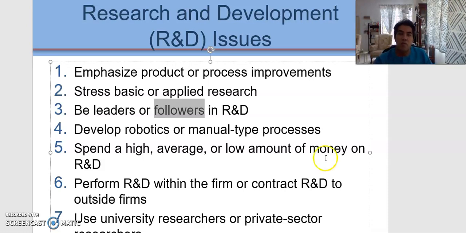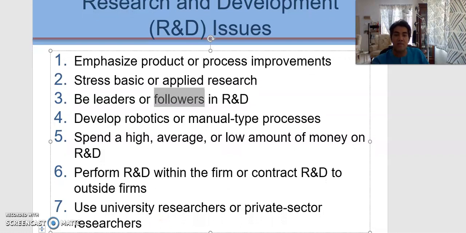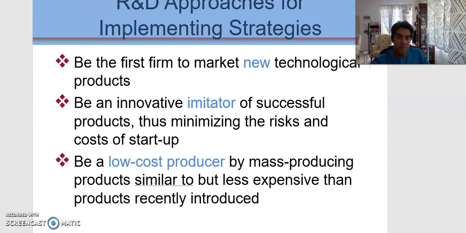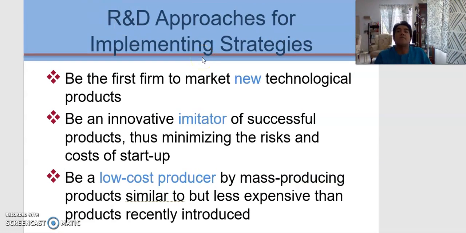And then develop robotics and manual type processes, spend a high, average or low amount of money on R&D, and even use university researchers or private sector researchers for more industrial or academic engagement. If possible, we always want to be the first firm to market a new technological product, because the customers will always associate us with the advance of the technology.